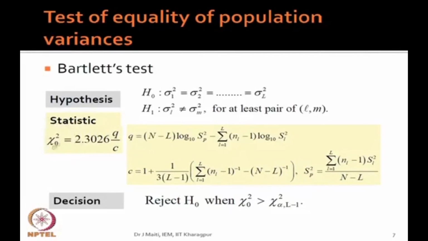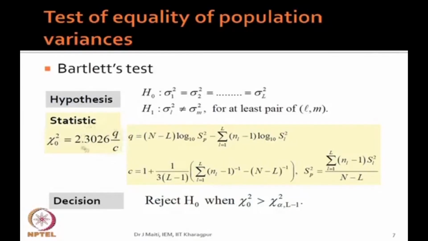So, then chi square is 2.3026 Q by C. Given a data set, you have to calculate Q, you have to calculate C, then you find out the chi square value. What does it mean when you say chi square?